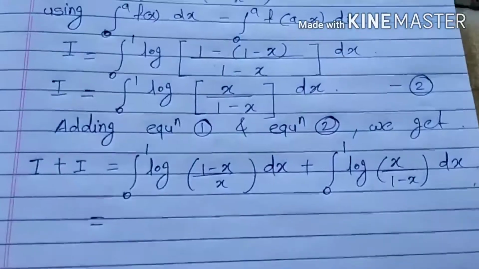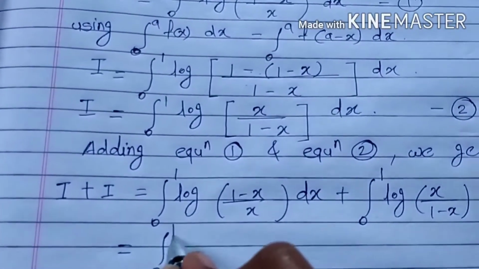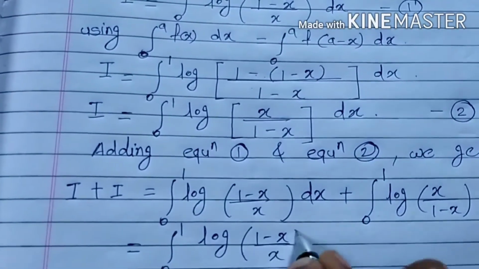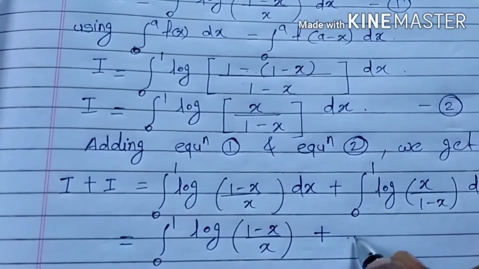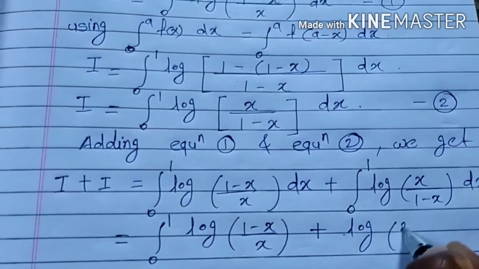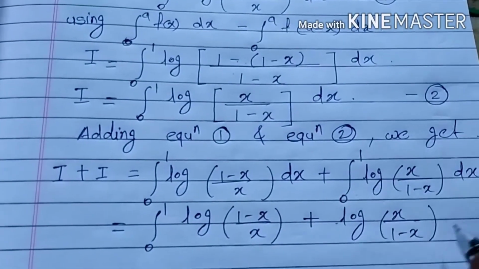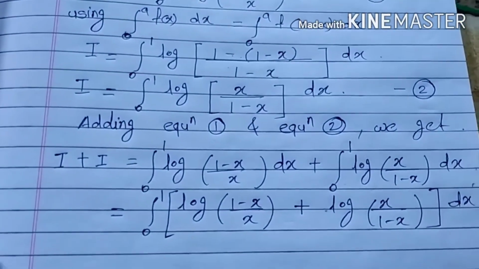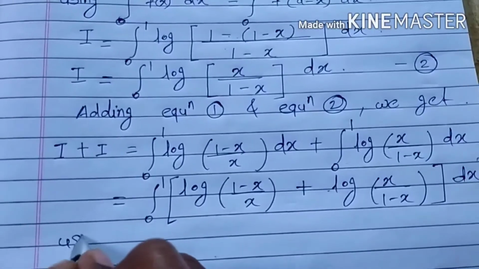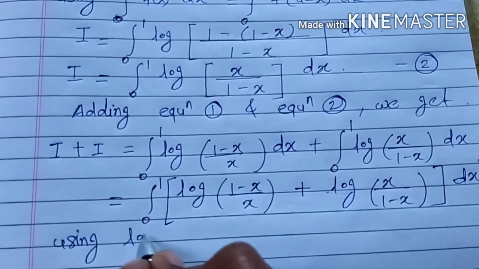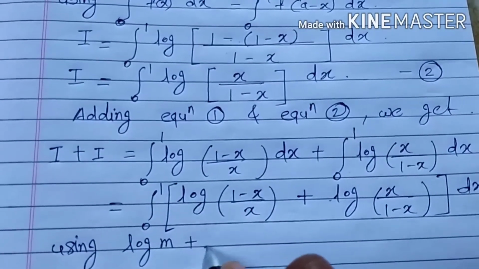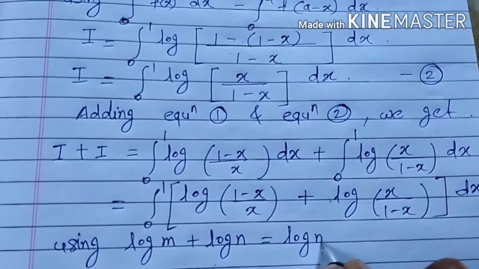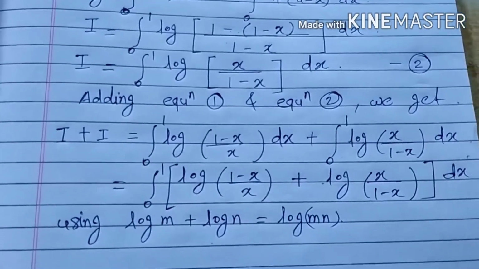Now the integral from 0 to 1 of log of (1 minus x) upon x plus log of x upon (1 minus x), and this dx. Okay. Now we know that log m plus log n is equal to log of m into n.